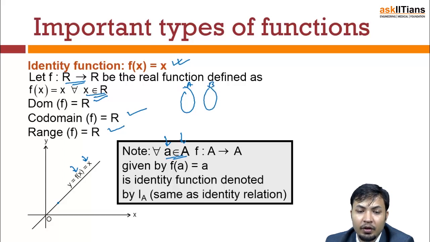So every element of A is represented like this. So for all a belonging in A, my f function is from A to A. It is given by f(a) = a, is the identity denoted by I_A. Keep this in mind because it will be used quite a lot of times. Okay, same as the identity relations.